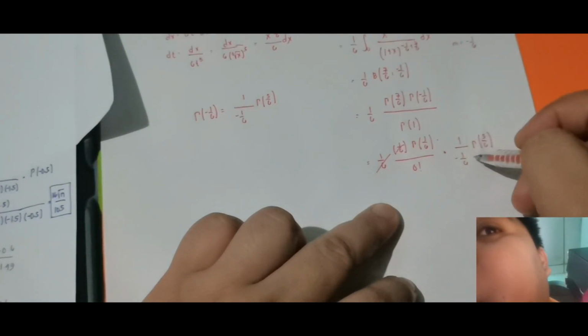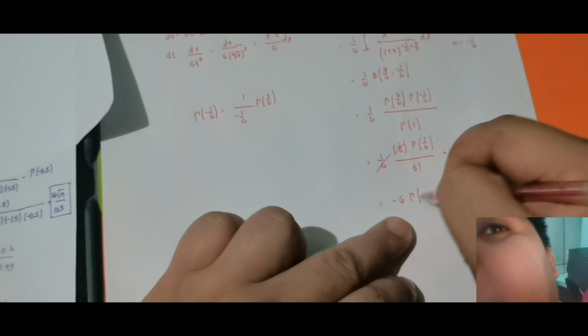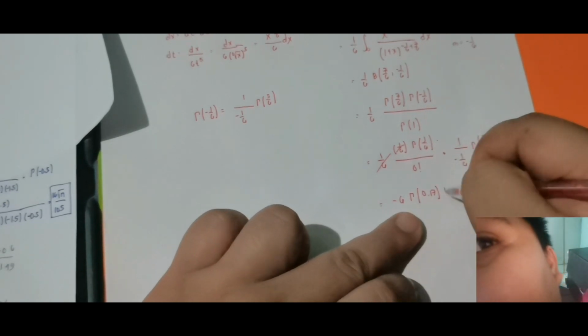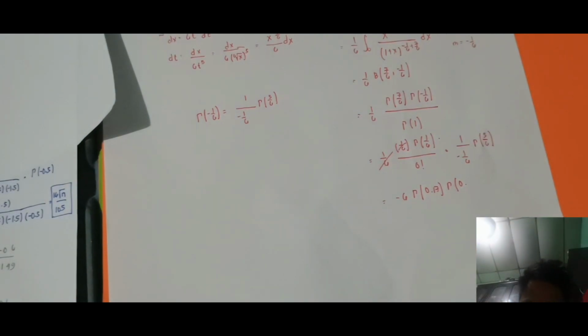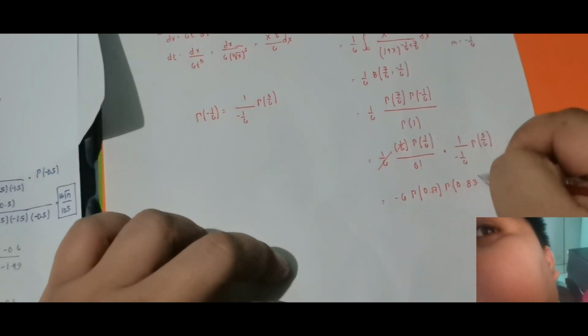Cancel. So, ito, negative 6 na lang. So, this is just negative 6. Tapos, gamma ng 0.17. Tapos, gamma ng 5 over 6 natin, 0.83. Yan yung mga problema natin.